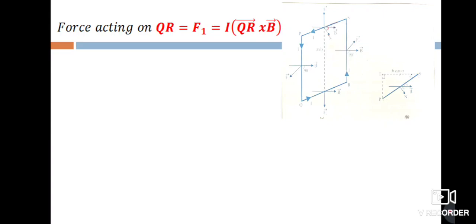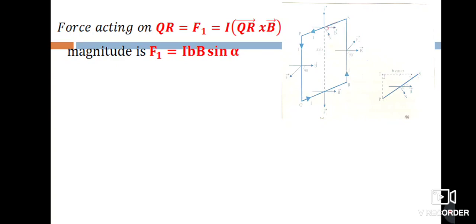Therefore, the force acting on QR, F1, is given by the equation F equal to ILB sine theta, written in vector form as I, the length QR, cross B. So the magnitude of F1 is I times QR, where QR is the breadth of the rectangular loop.